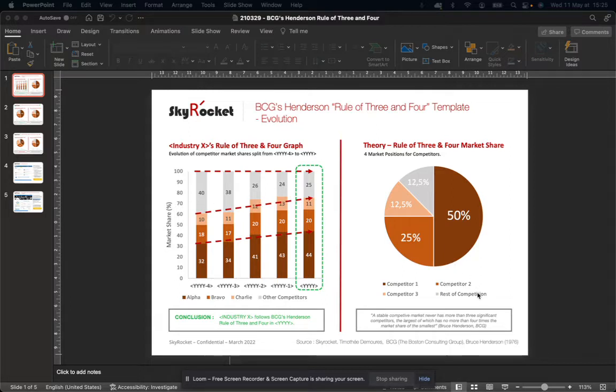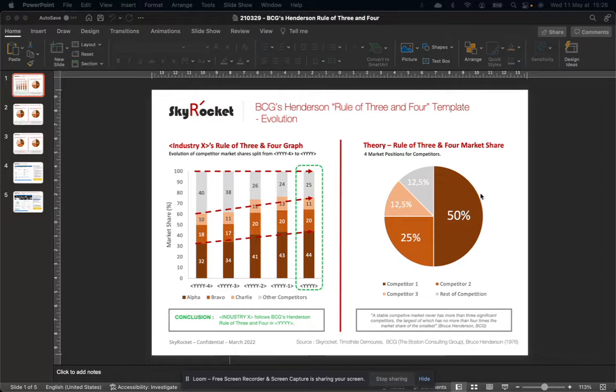In short, what he argues is that in a stable competitive industry, you will naturally have three significant competitors, as you can see here, the top three, so 1, 2, and 3. And he puts forward that the market share structure of these top three competitors will approximately correspond to a 4-to-1 ratio.